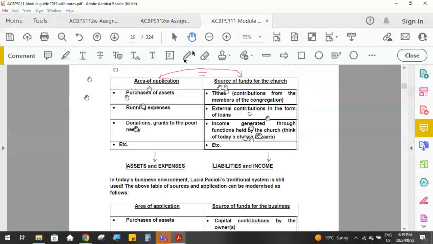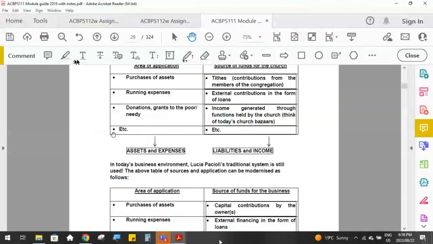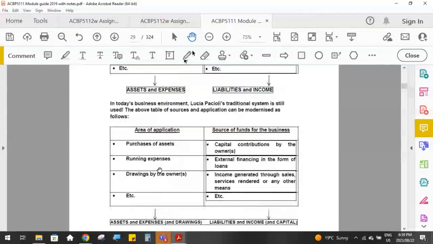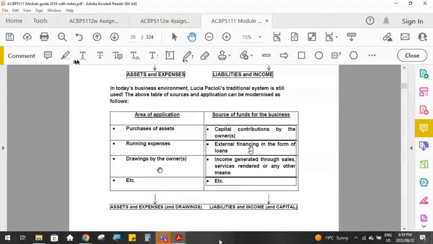So again, we apply money to assets and expenses, and we source money through income and liabilities. So this is the olden days in the church, and assets and expenses, liabilities and income in today's terms of business is exactly what we discussed earlier: capital contributions, loans, income generated through sales.